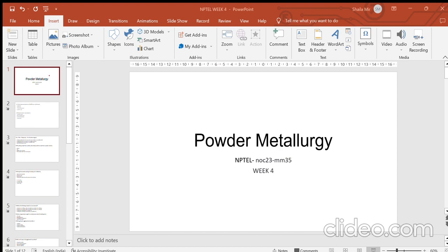The second option is cooling beyond the nose gives rise to glassy structure. If you go beyond the nose of the curve, that means you are having very high cooling rates. So that will result in the crystalline structure. Based on that, you will have a crystalline solid and not an amorphous solid.